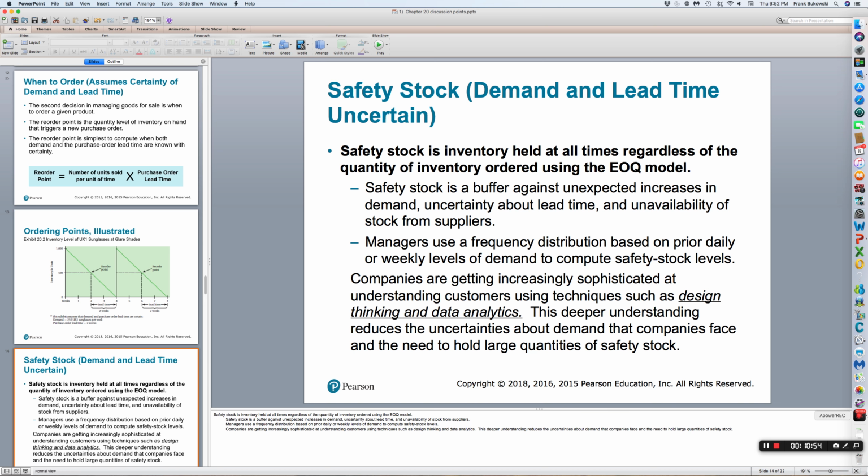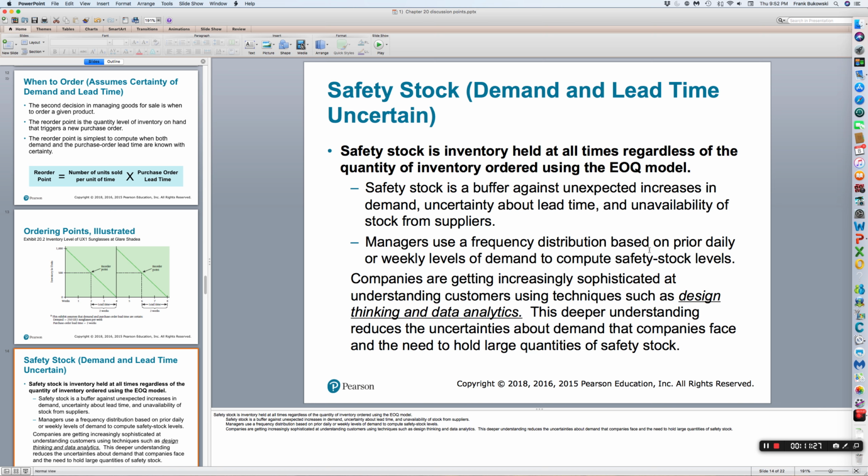There may be uncertainty about what our lead time is, how long it actually takes us to get additional product, and if there are potential shortages where we can't get additional stock from suppliers, then we would again keep that safety stock. We can use past data, using tools such as a frequency distribution, to figure out what safety stock levels we should keep on hand.